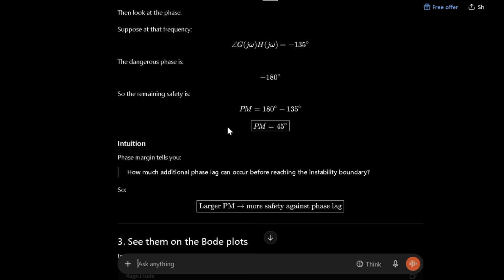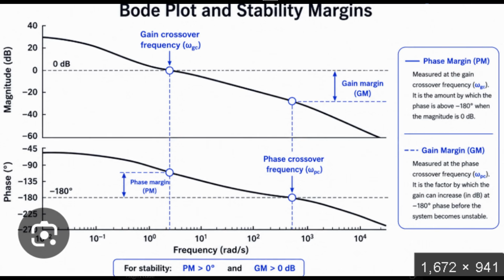So look at this diagram, a Bode plot with stability margins. This diagram looks confusing. The x-axis is the same for both magnitude and phase, but the y-axis is changing values.